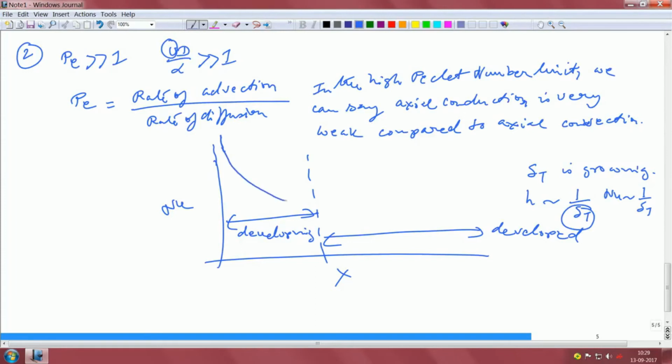In the limit, it will become something like this. It is very high here and absolutely flat here, and this value is of the order 1.